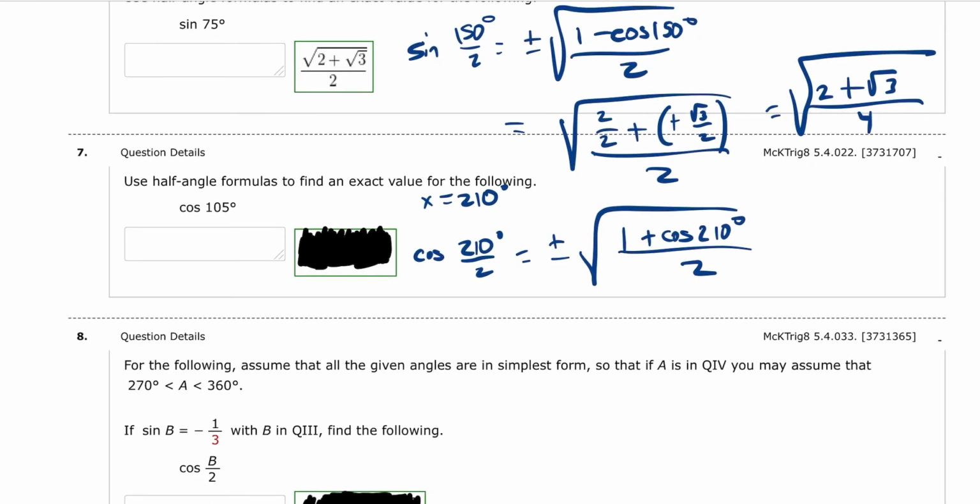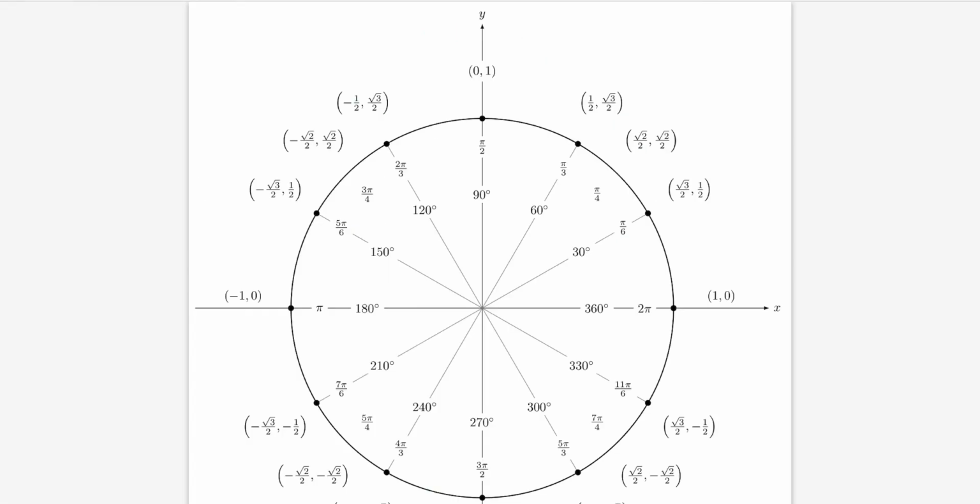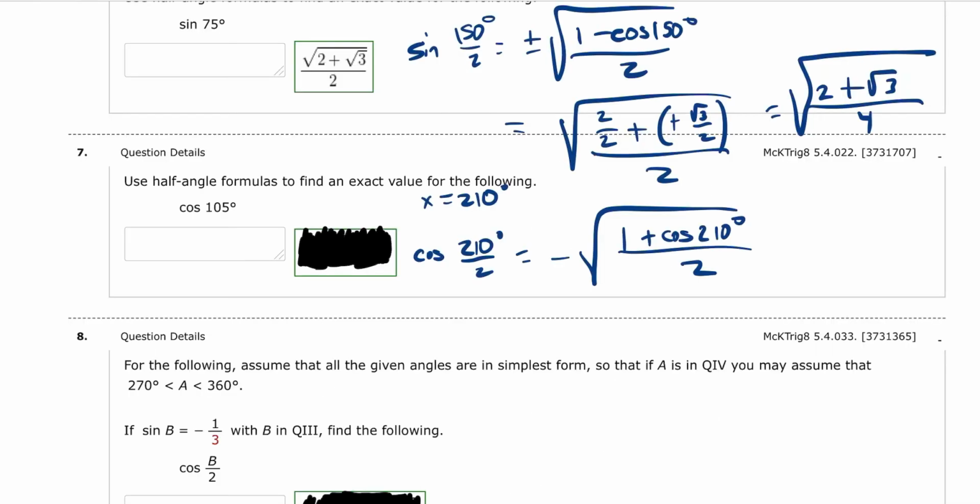All right, cosine of 105, that would be in quadrant number 2. Cosine is negative. So this time we're going to use the negative because cosine of 105 is negative in quadrant 2. So negative. All right, cosine of 210 is negative radical 3 over 2.